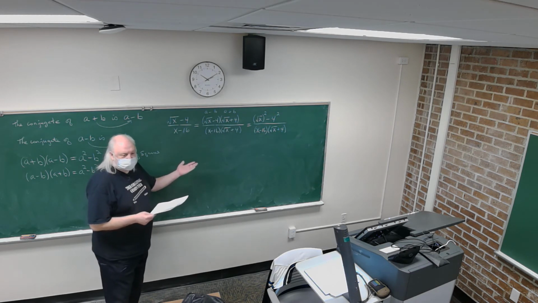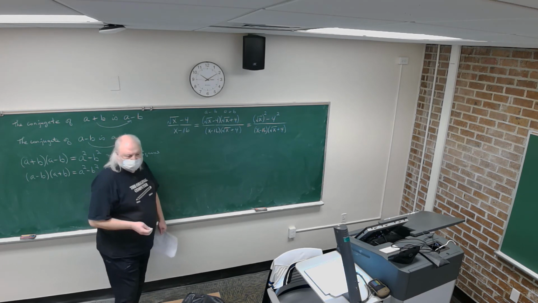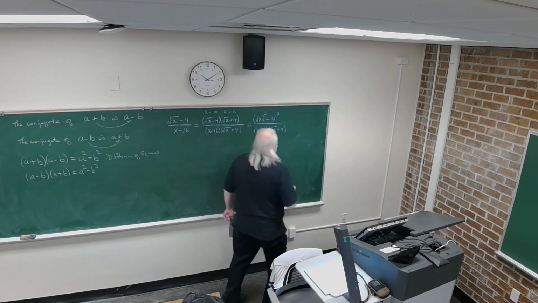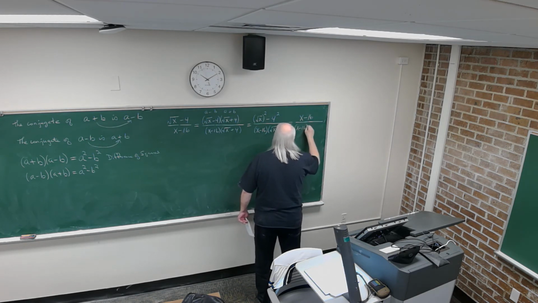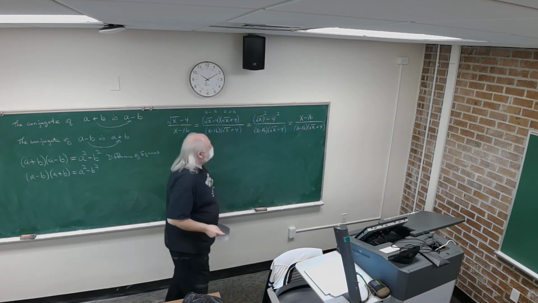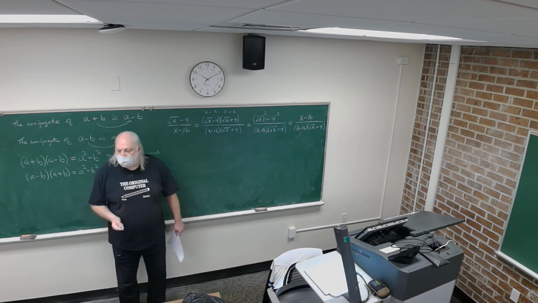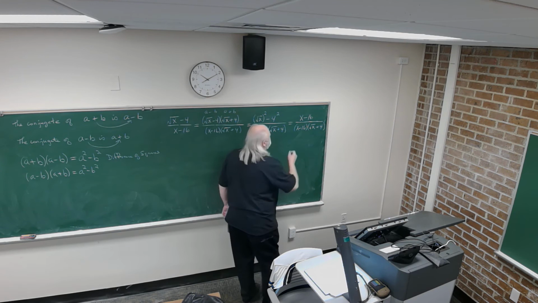Well, the square root of x squared is equal to what? Just x. The square root of x times the square root of x is x. And 4 squared is 16. Do you see a common factor in numerator and denominator? x minus 16.